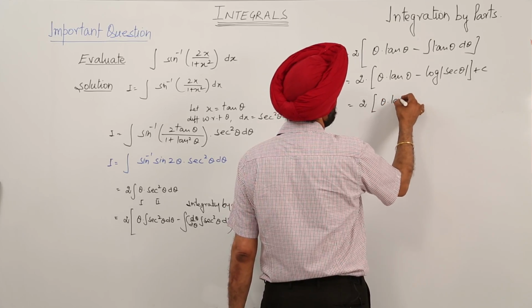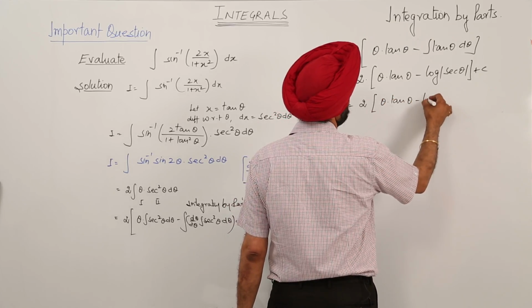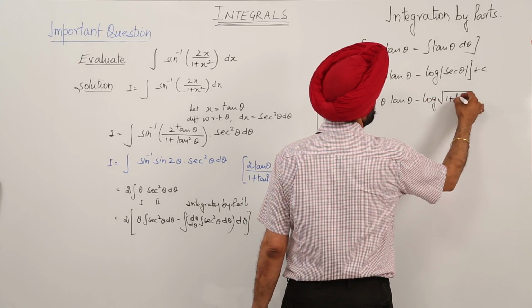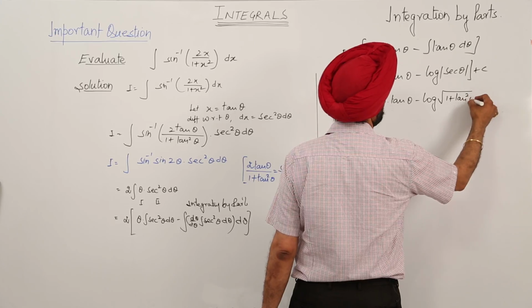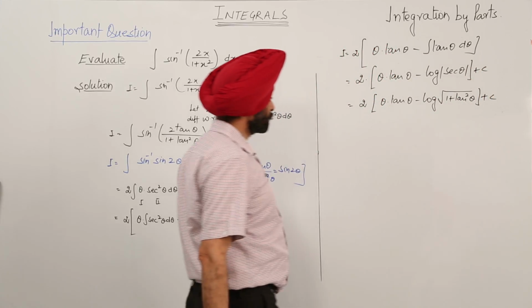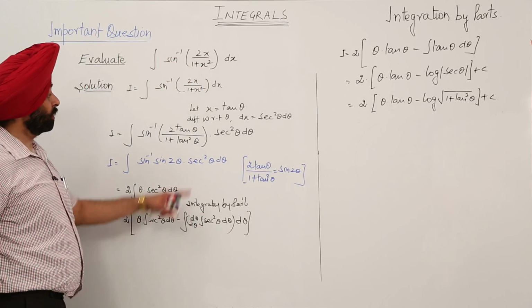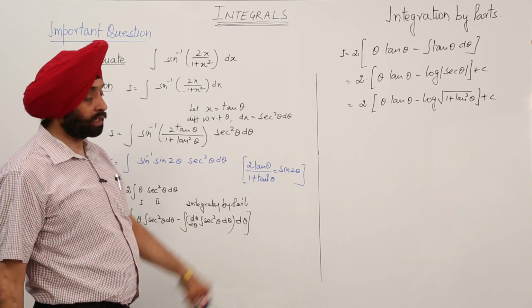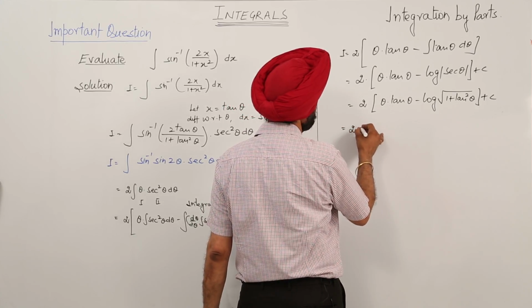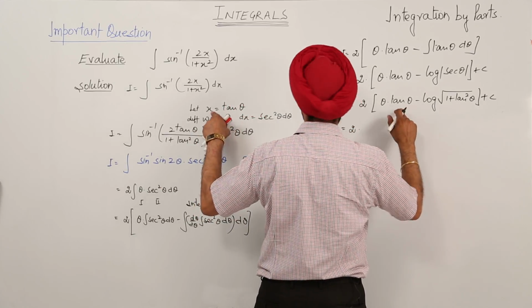So we can write it now, 2 as it is, theta with tan theta minus log under the root 1 plus tan square theta plus c. Now let's put what theta is. x is tan theta and theta is tan inverse x. So we have 2 with tan theta, which is x.